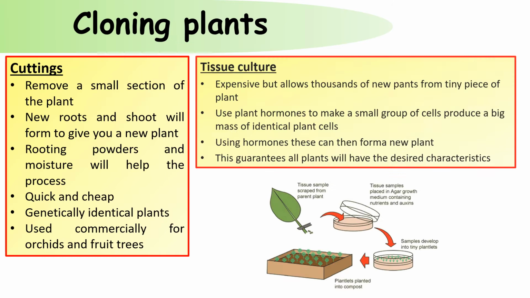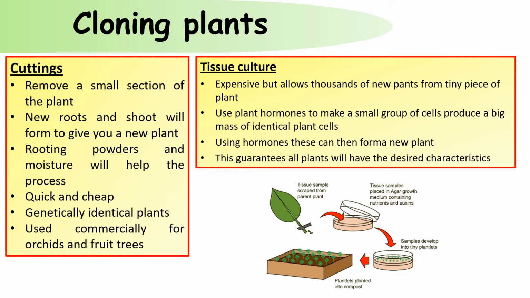The second method is tissue culturing. This is where you take a small part of the plant and you break it down into individual cells. You put those individual cells onto some sort of agar and they'll grow into genetically identical clones of the plant that you took that original leaf from.